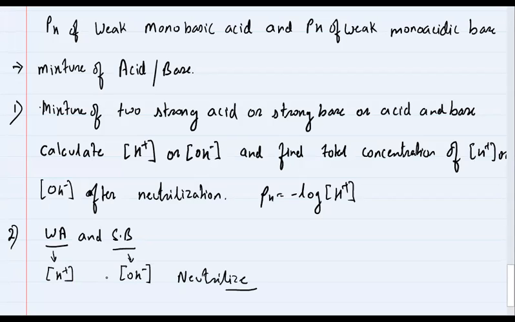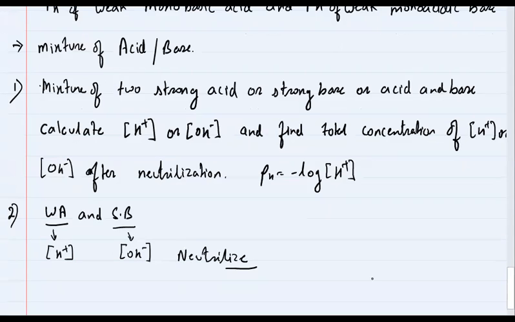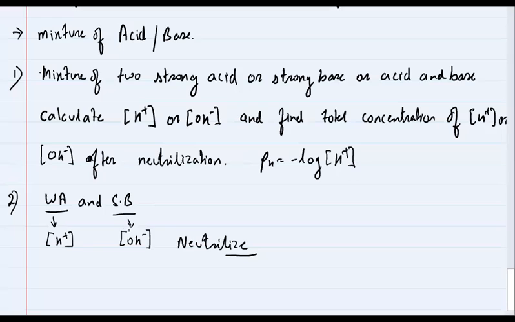Now this depends on the concentration. If the concentration of strong base is very high, then obviously the concentration of H plus from the weak acid is ignored. The same applies to a strong acid and weak base.